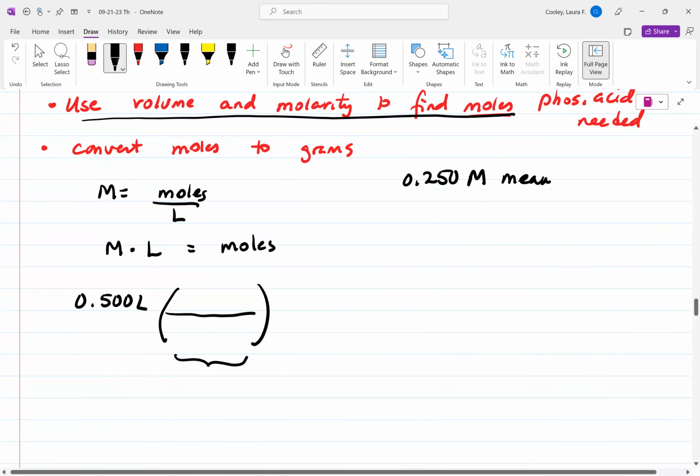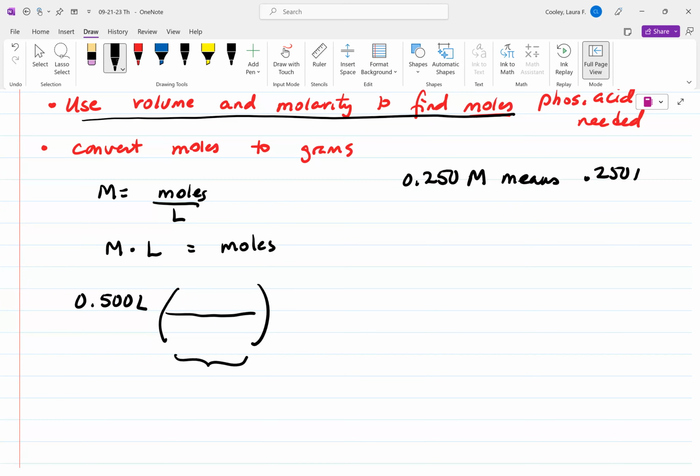It means 0.250 moles per liter. That's what it means. So you would write 0.250 moles per 1 liter.